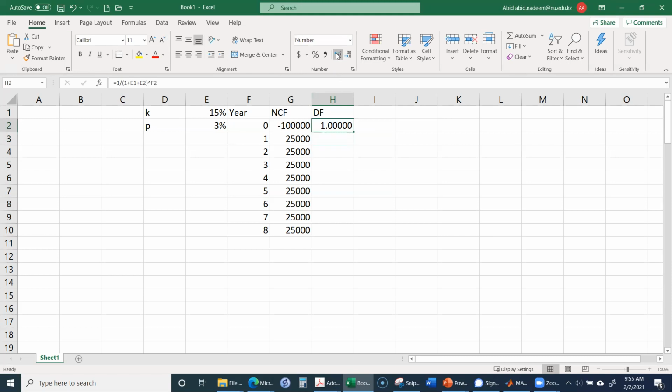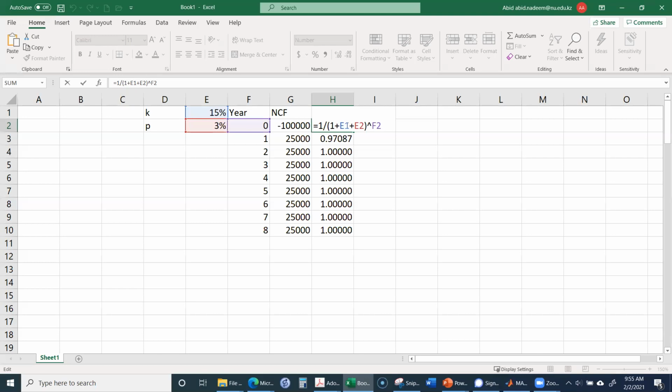So here it is. Maybe you can represent it like this, and then I can copy it down. I think I have made some mistake. It is 15%, 3%, and now it is 111. That is strange.